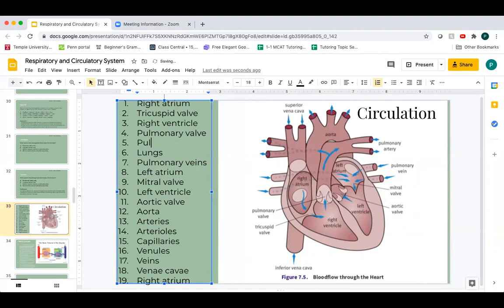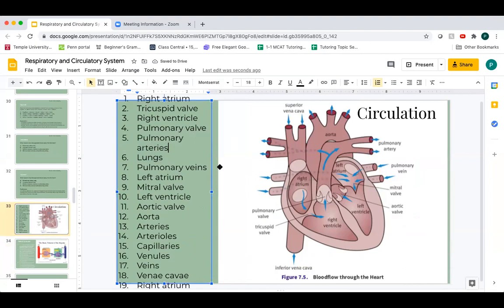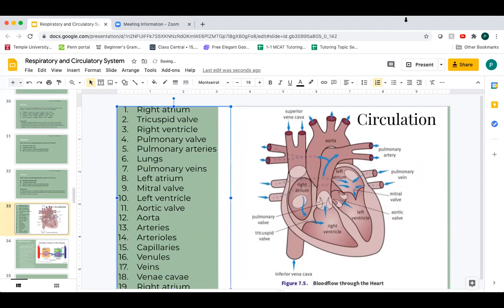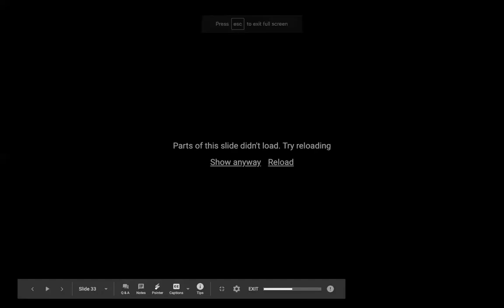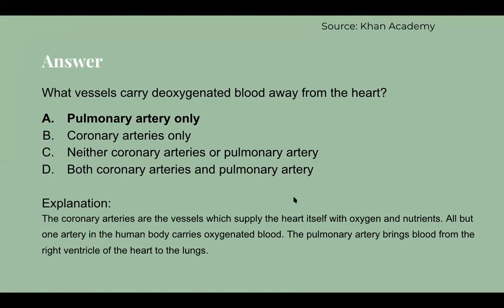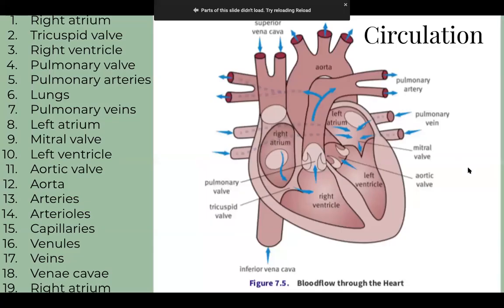Remember the veins bring blood back, so it should be pulmonary arteries, not veins, before the lungs. Is that okay now? Yeah, it's not pulmonary valve to pulmonary vein to the lung. It's pulmonary valve, pulmonary artery to the lungs, back to the pulmonary veins. Sorry about that.